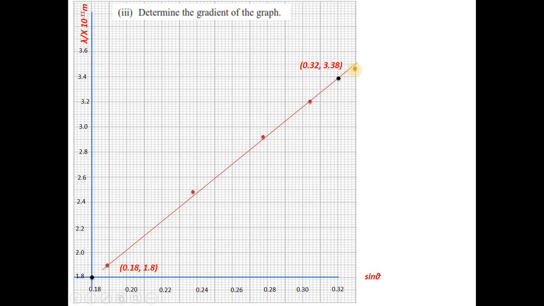That means you can say 3.38 minus 1.8, times 10 to the power minus 11, divided by x2 minus x1, which will be 0.32 minus 0.18.